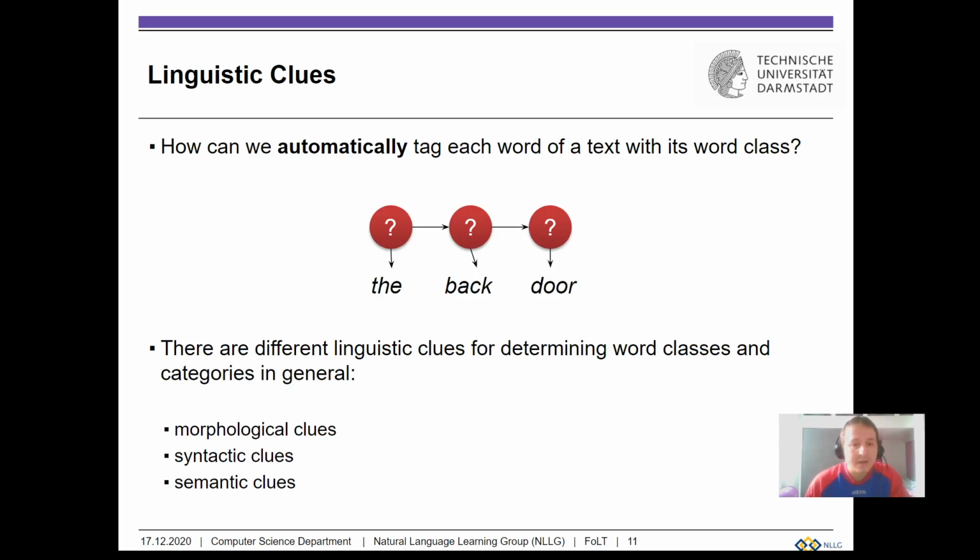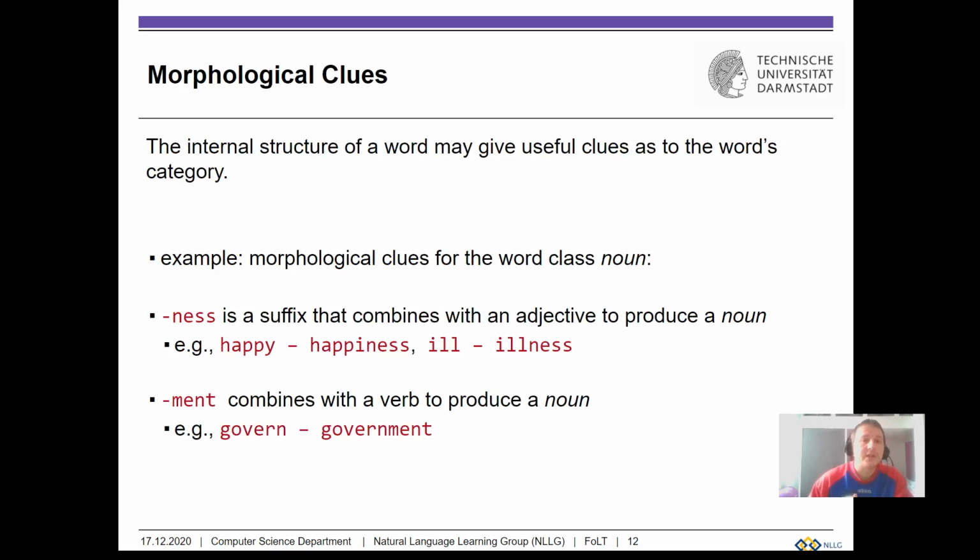What kind of linguistic information would we make use of? Here we argue that 3 kinds of information signals would be helpful, namely those based on morphology, those based on syntax, and those based on semantics. Now we will briefly go into all 3.